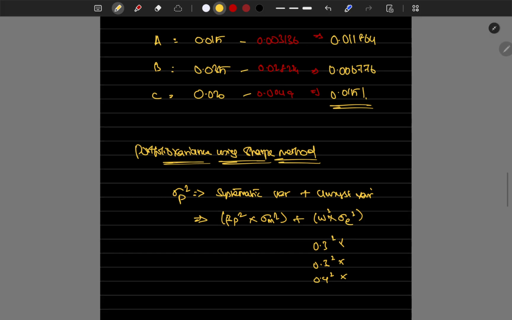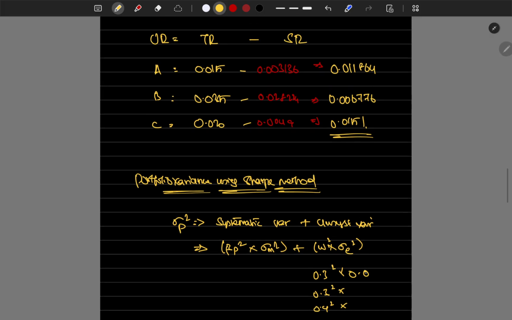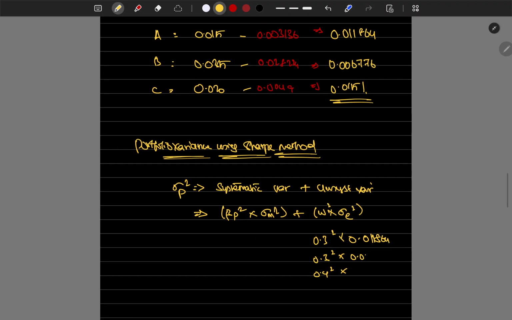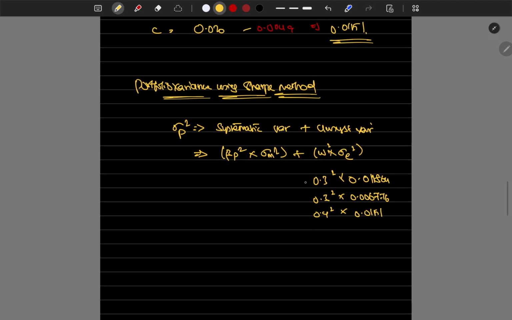Sigma e term, which we have already found. The thing is, this is already in square terms. 0.011864, 0.006776, 0.0151. Total this.